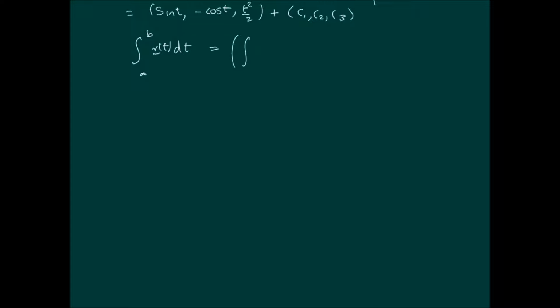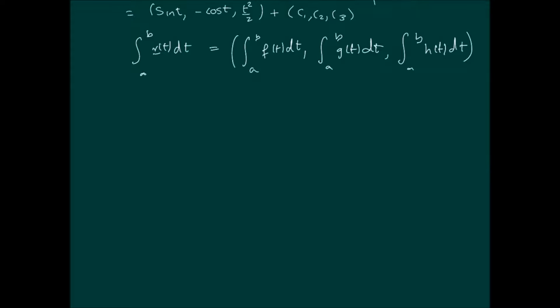So it would become the integral from a to b of f(t) dt, the next component would be the integral from a to b of g(t) dt, and the next would be the integral from a to b of h(t) dt. So essentially it's component-wise integration, and knowing the values of f, g, and h, we can calculate the integral from a to b.